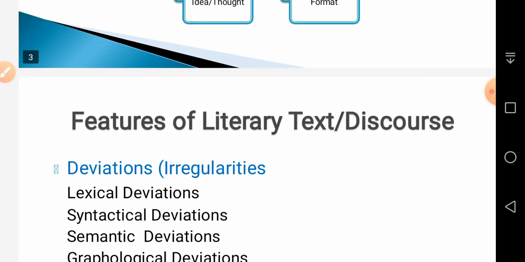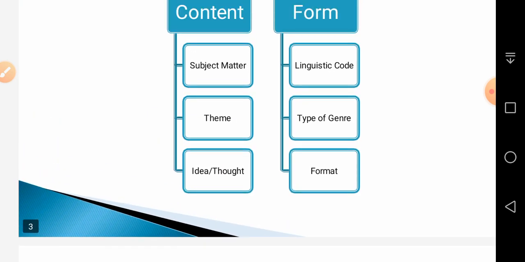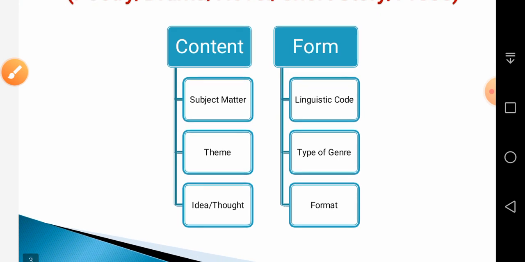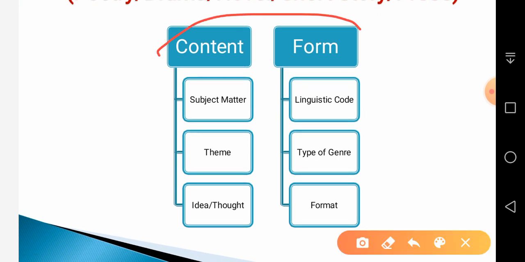Now in critical appraisal or in critical evaluation, both these ingredients are discussed.